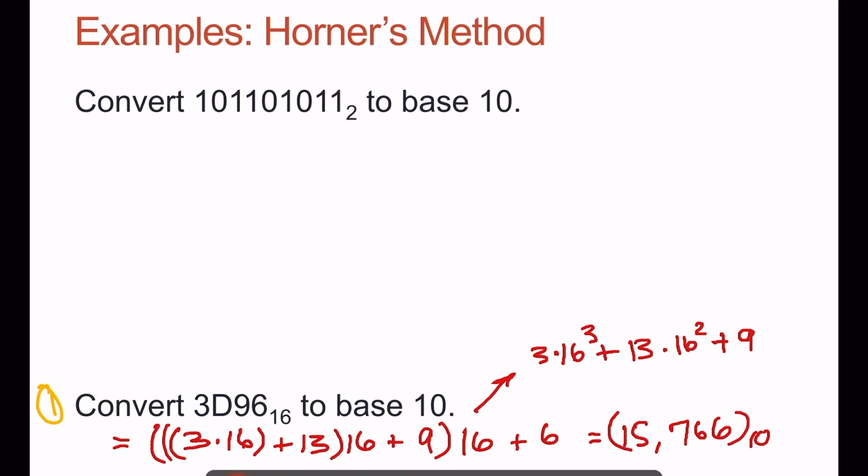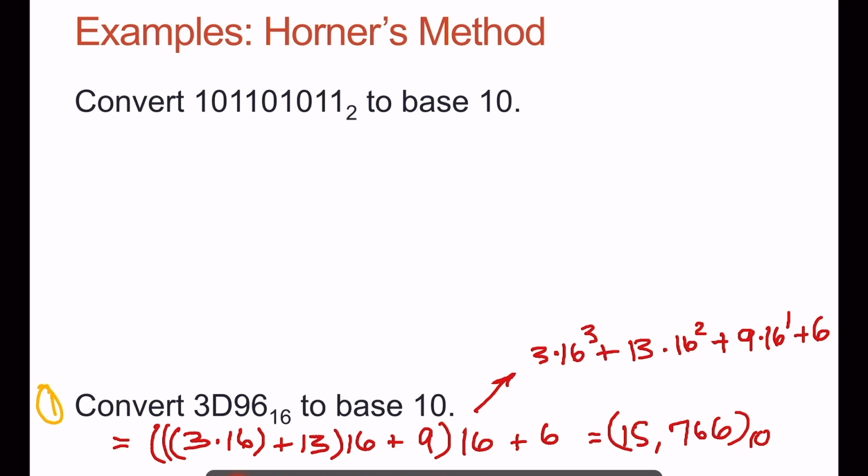And then 9 only gets multiplied by 16 once. And then 6 is never even multiplied by 16. This just shows you a different way of organizing the computation that we did with our direct evaluation. This is particularly useful if you wanted to write an algorithm so that a microprocessor would be doing the computation or the conversion.